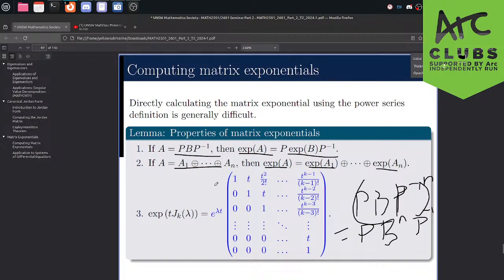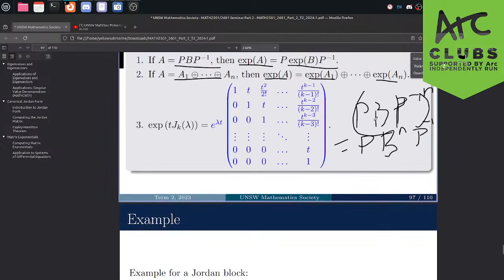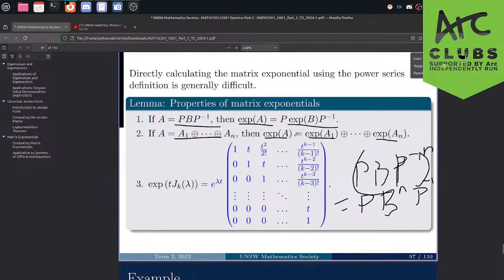The reason why it's the case is because, you guessed it, glorified polynomial. Recall this property holds for exponentiating, and polynomials are just sums of exponentiations. So it also holds for e to the whatever. And if you exponentiate a Jordan block, you get this weird form here.